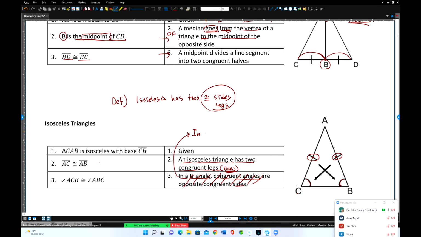In a triangle, the angles opposite congruent side. Opposite congruent sides, opposite angles must be equal. They are congruent.